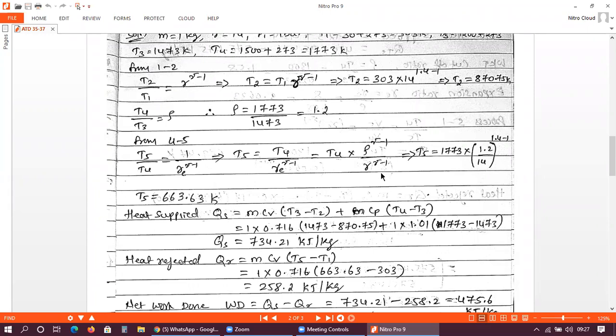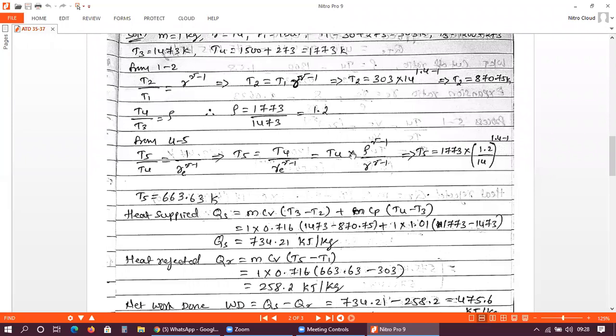This is the equation for expansion ratio. Here R stands for compression ratio, Re stands for expansion ratio, and rho stands for cutoff ratio, right? Now you substitute these values and replace this Re by R by rho.